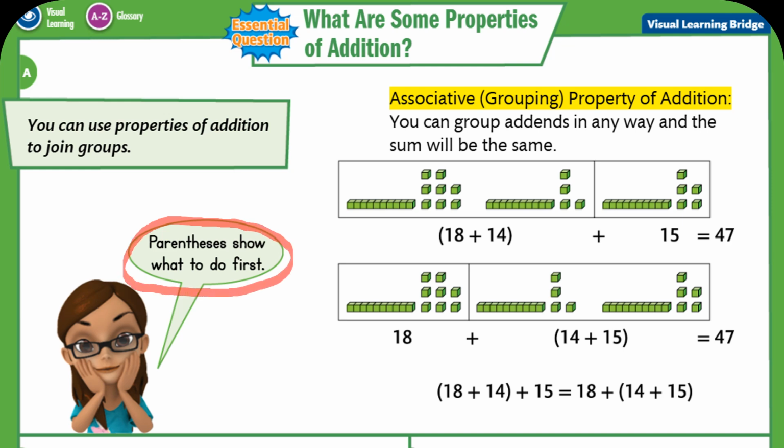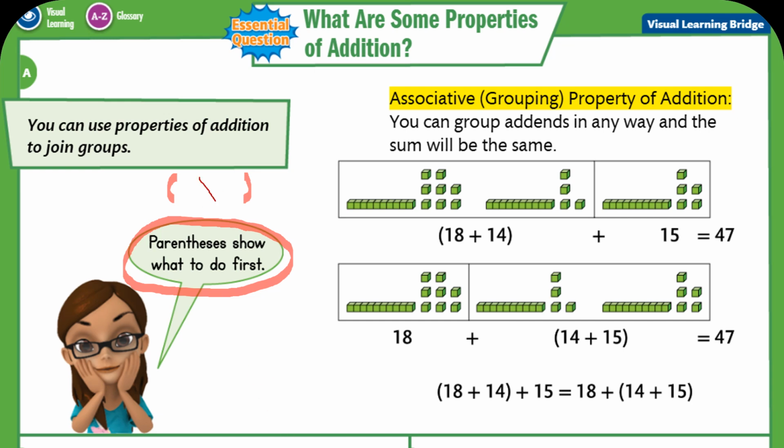This is going to carry throughout the rest of your math journey as you get into middle school and high school in math. The parentheses around something say do me first, whether that's addition, or subtraction, or multiplication.